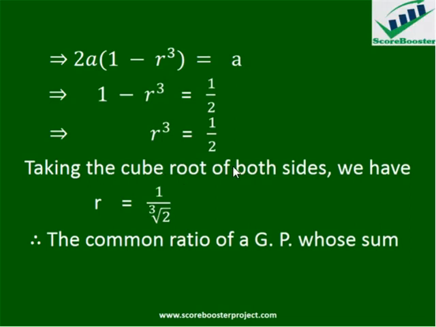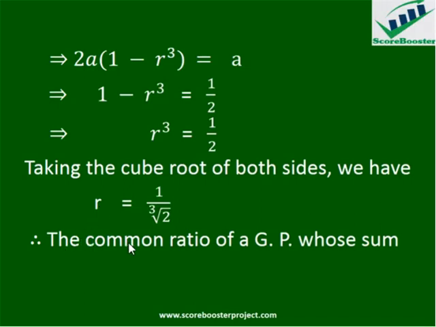So if we take the cube root of both sides, we will have r equals 1 over the cube root of 2. So now we have the value for the common ratio of that particular geometric progression that has the sum of its first 3 terms equal to half its sum to infinity.